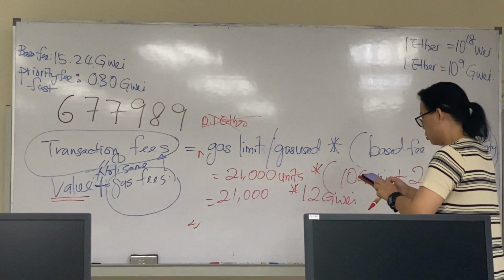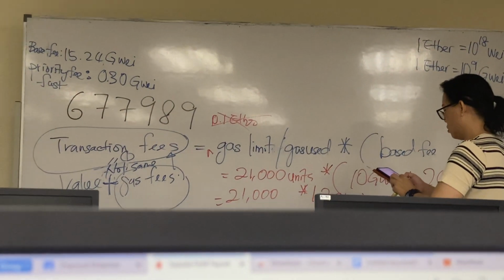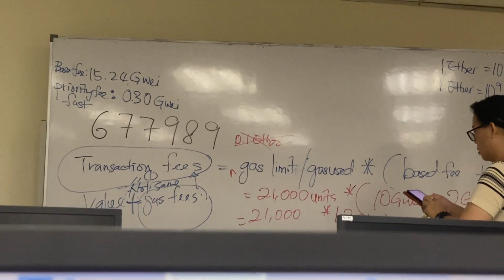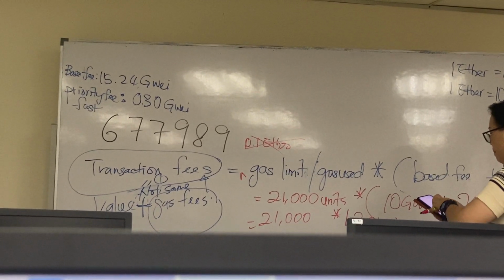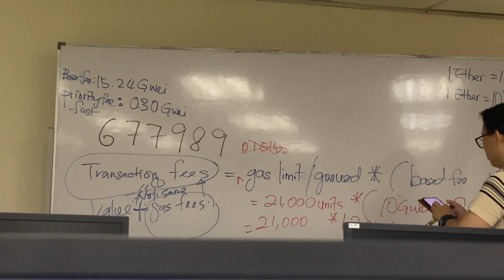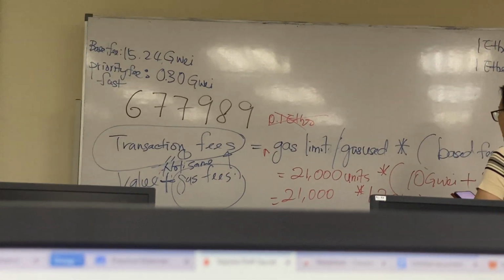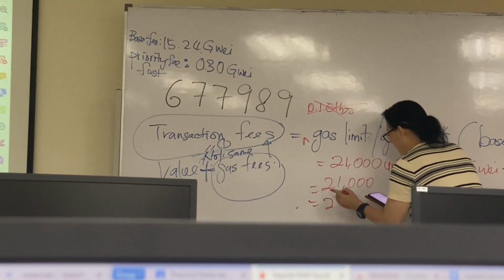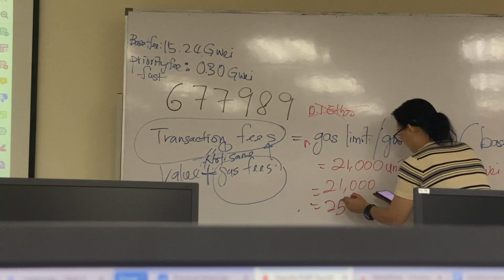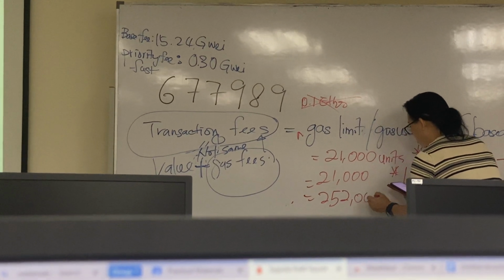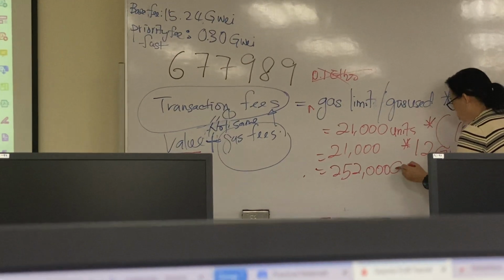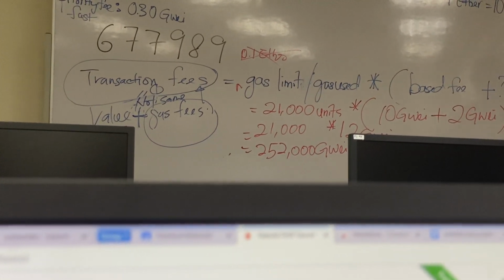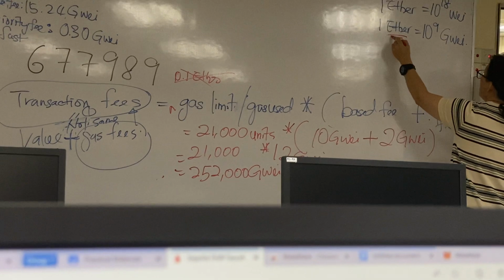So now 21,000 multiplied by 12. The answer will be 252,000. This is in Gwei. But the question here wants it in ether.